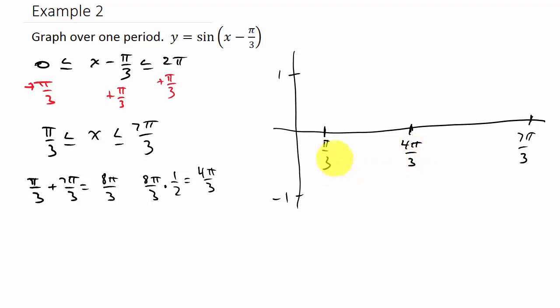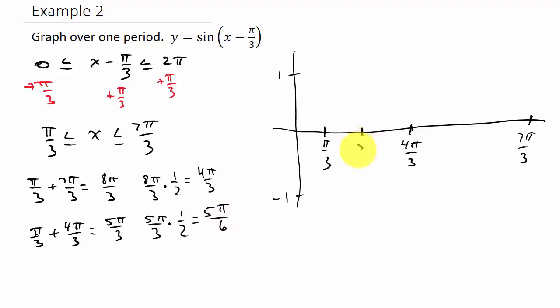Now I need the midpoint between pi over 3 and 4 pi over 3. So pi over 3 plus 4 pi over 3 equals 5 pi over 3. And 5 pi over 3 times 1/2 is 5 pi over 6.